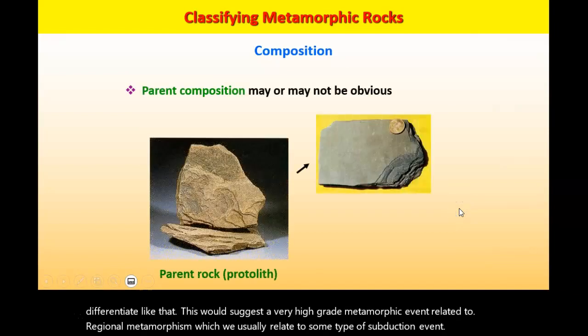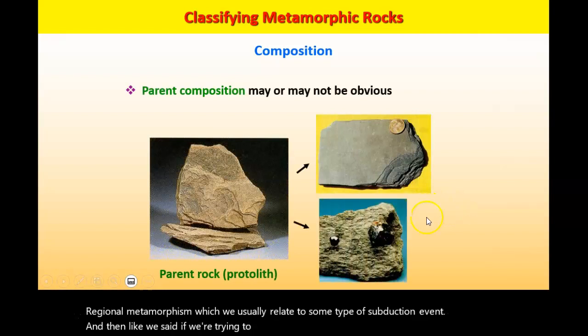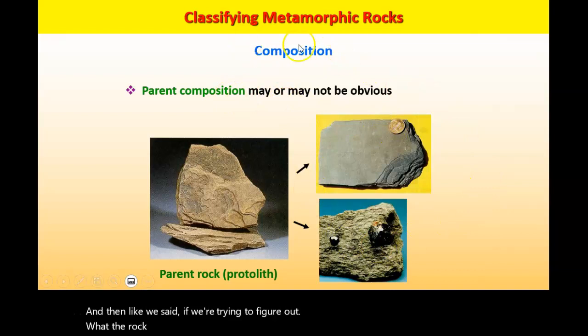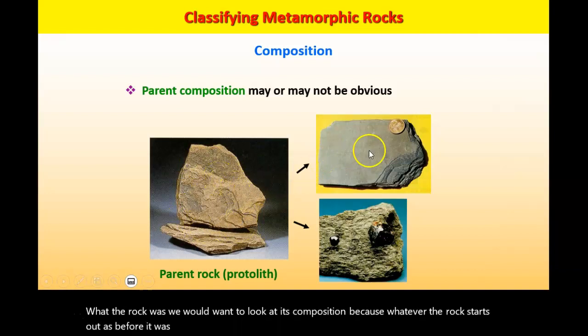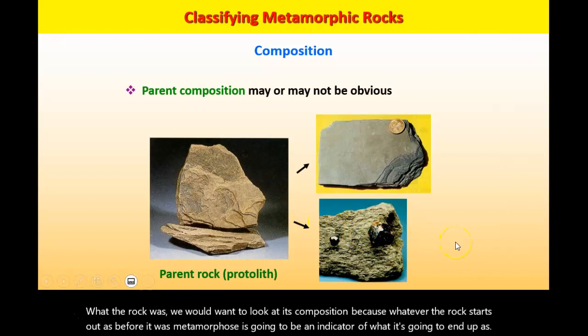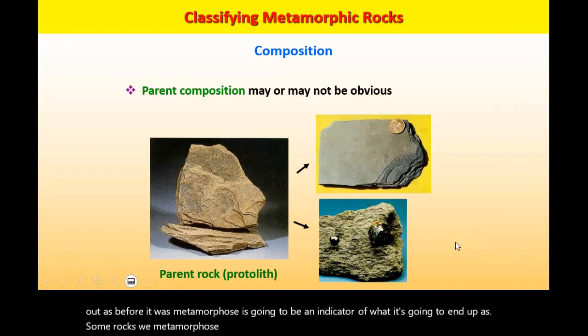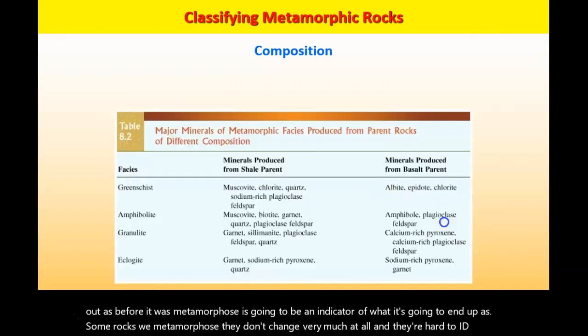And then, like we said, if we're trying to figure out what the rock was, we would want to look at its composition, because whatever the rock starts out as before it was metamorphosed is going to be an indicator of what it's going to end up as. Some rocks, when we metamorphose, don't change very much at all, and they're hard to ID. Others change more significantly.